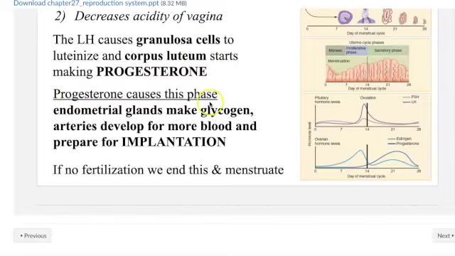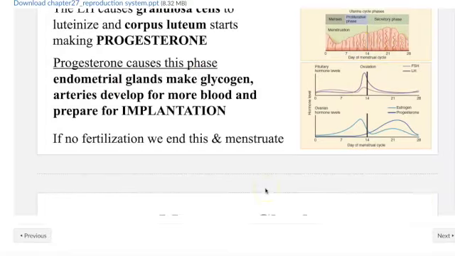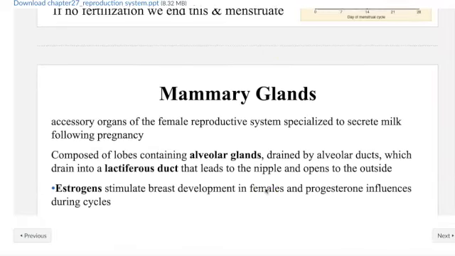Progesterone causes this phase. The endometrial gland makes glycogen, and arteries develop for more blood and prepare for implantation. So the layer is thickened.